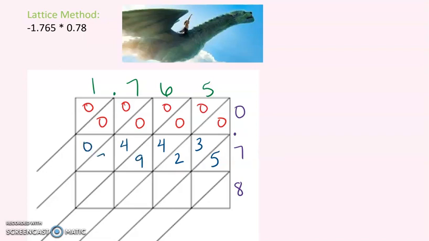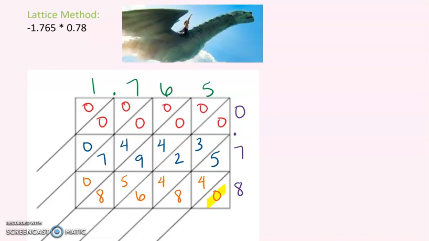And 7 times 1 is 7. For that last and final row, I have 8 times 5, which is 40. 8 times 6, which is 48. 8 times 7 is 56. And 8 times 1 is 8.